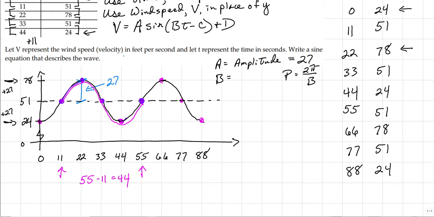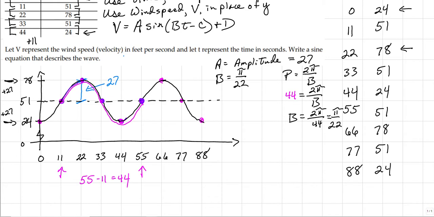So this thing repeats every 44 seconds, which means that if 44 is my period, and that is equal to 2 pi over B, B is equal to 2 pi over 44, which simplifies to pi over 22. So I now know what A and B are.